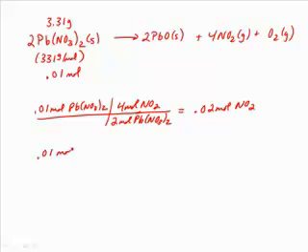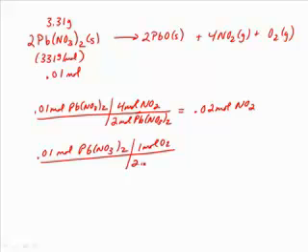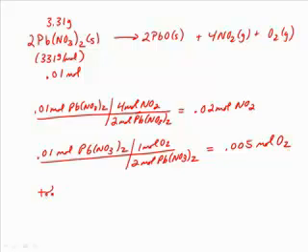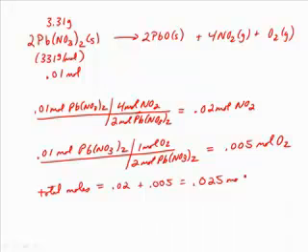And 1 mole of O2 to 2 moles of lead nitrate, 0.005 moles of oxygen. And so my total moles is going to equal 0.02 plus 0.005, so 0.025 moles total.